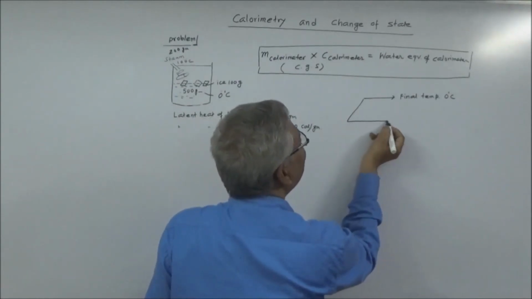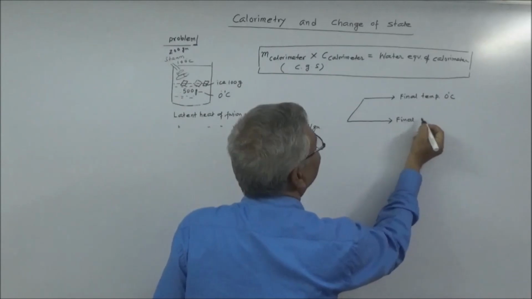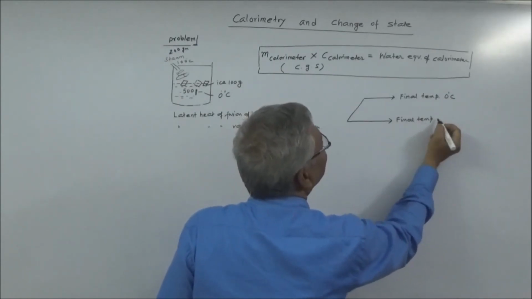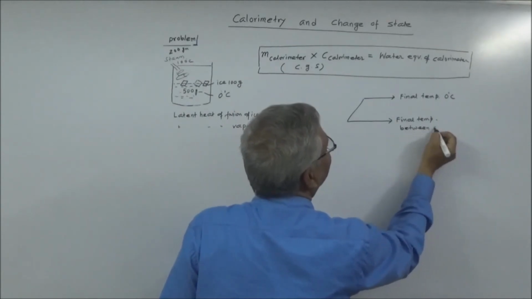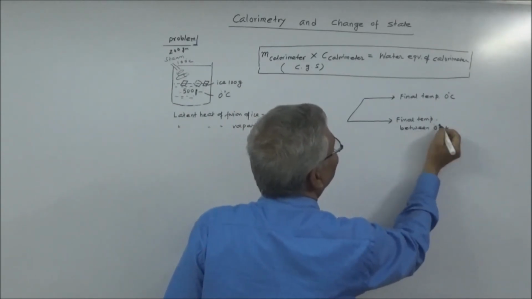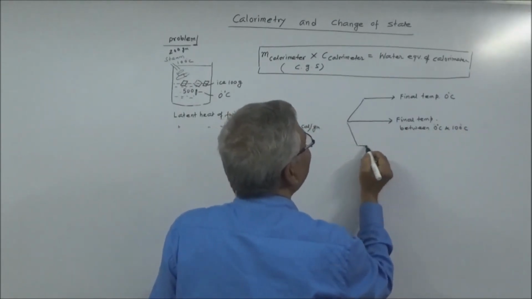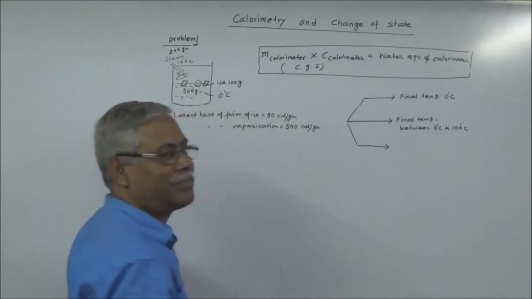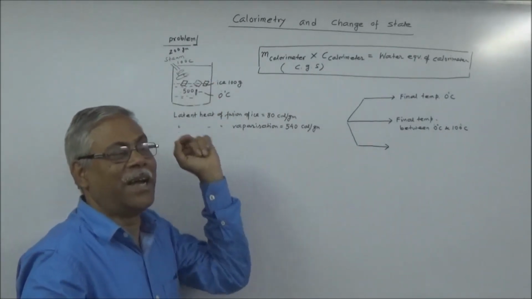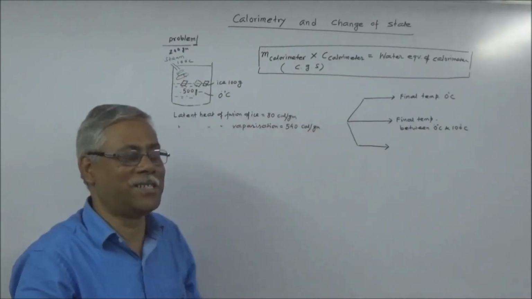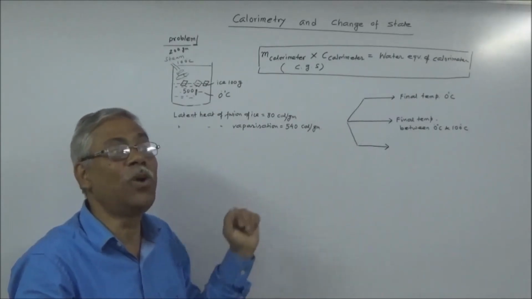What is the second possibility? Final temperature between 0 and 100 degrees centigrade. What is the third possibility? Third possibility is the entire steam has not condensed. You have passed 200 gram steam.